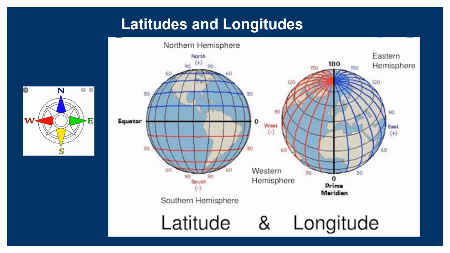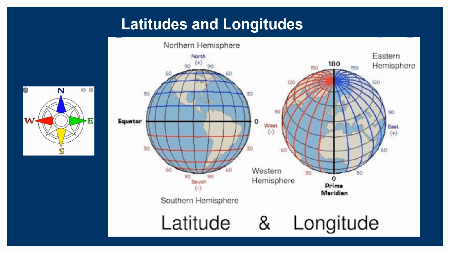Latitude is an imaginary horizontal line which runs from east to west. A latitude which divides the Earth into two equal parts, Northern Hemisphere and Southern Hemisphere, is known as the equator. So the equator runs at the center of the Earth.